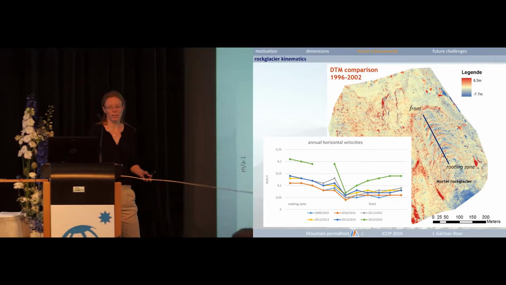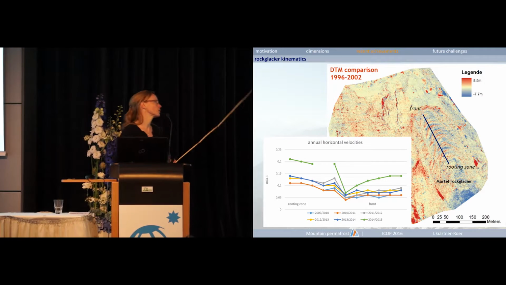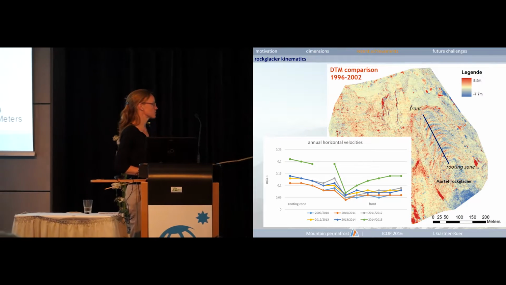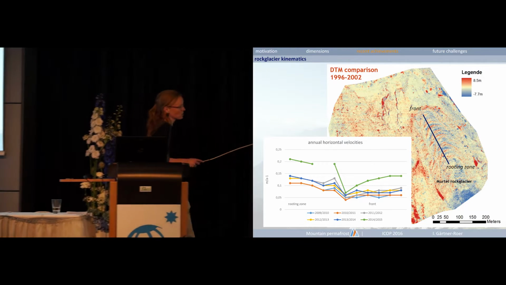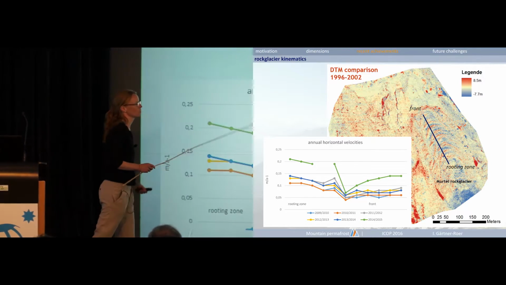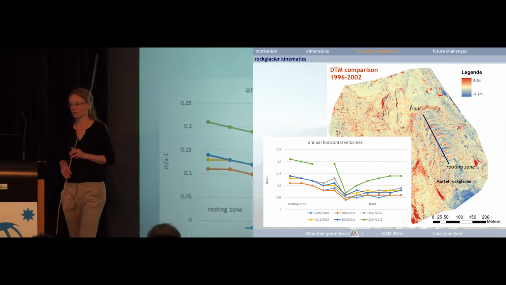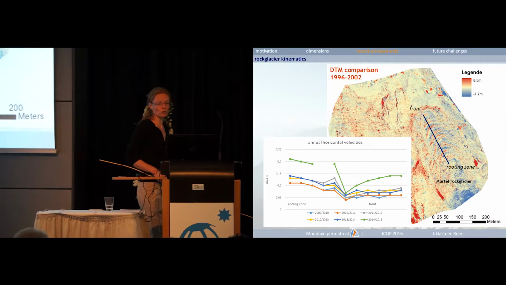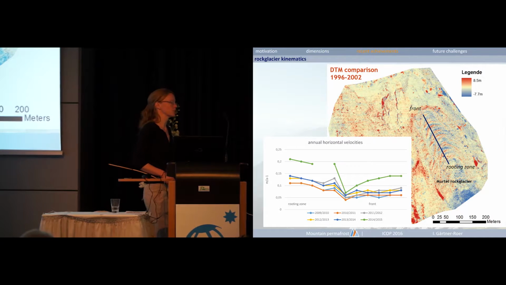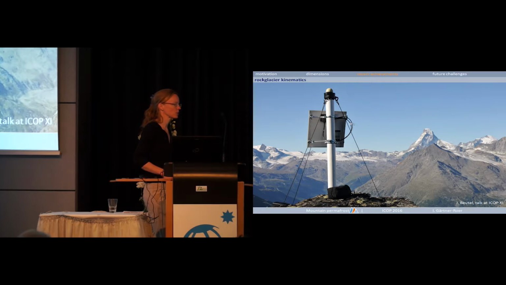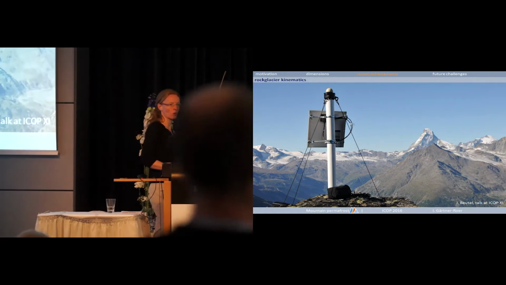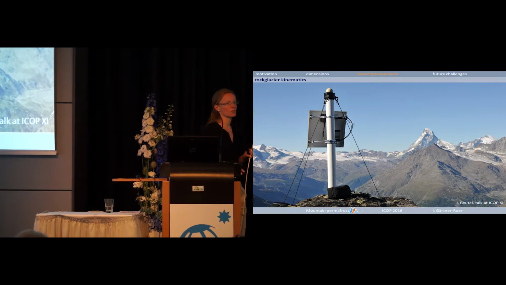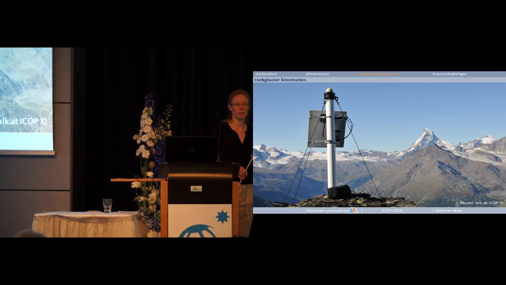Actually, rock glacier Murtèl is moving quite slowly, between 5 and 15 centimeters. But we also saw here in the last 2 years that it is accelerating. If you want to know more about the processes related to these changes in movement, we are somehow limited when we have only these annual surveys.